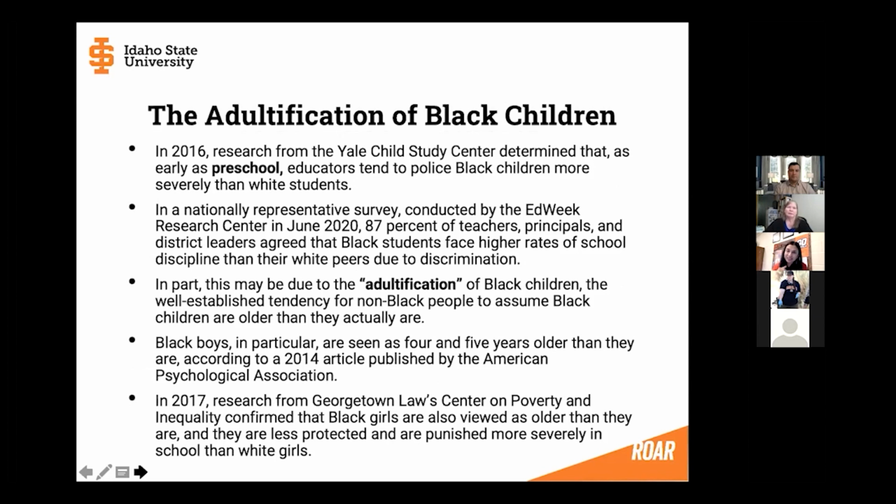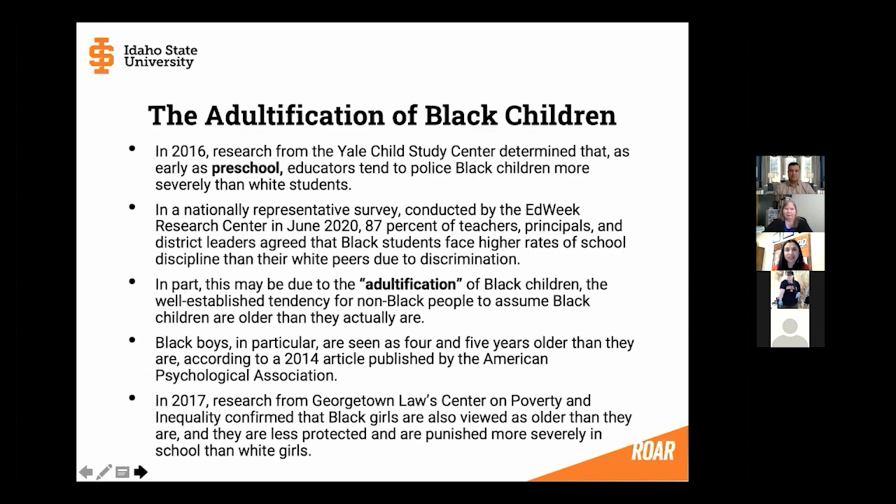Now we need to look at some data and talk a little bit about the adultification of Black children. So in 2016, researchers at Yale determined that as early as preschool, when children are 2 and 3 years old, educators tend to police Black children more severely than white students.